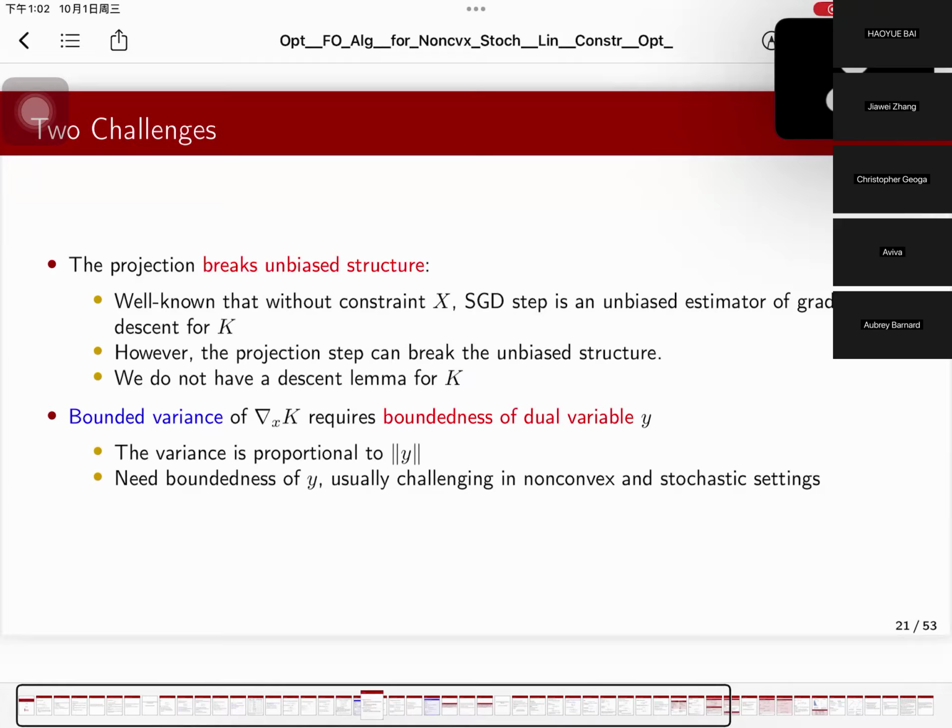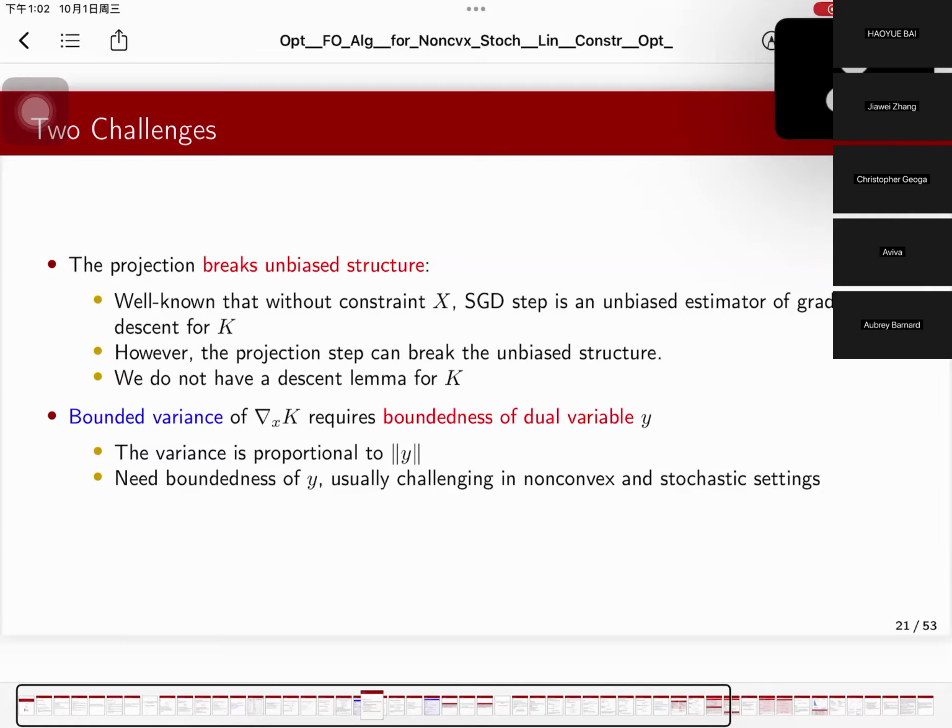The second difficulty is for algorithm design. In the deterministic case, we don't need to worry about the variance because we have the accurate gradients. But here we need to worry about the variance of the gradient estimator. Otherwise, the estimation can be very inaccurate. So we need to guarantee the boundedness of the variance.